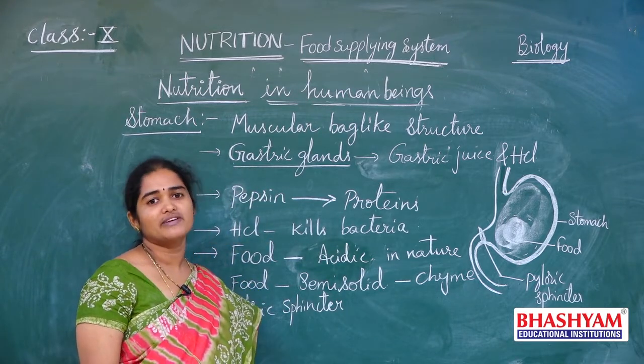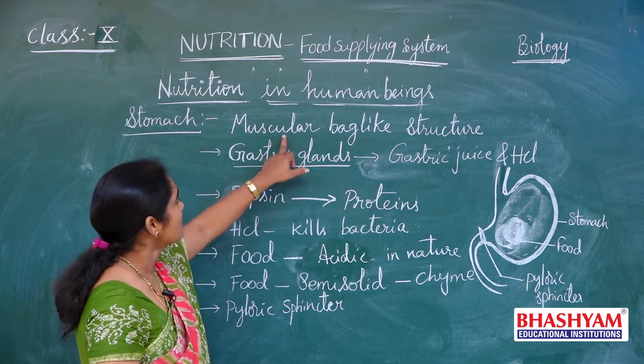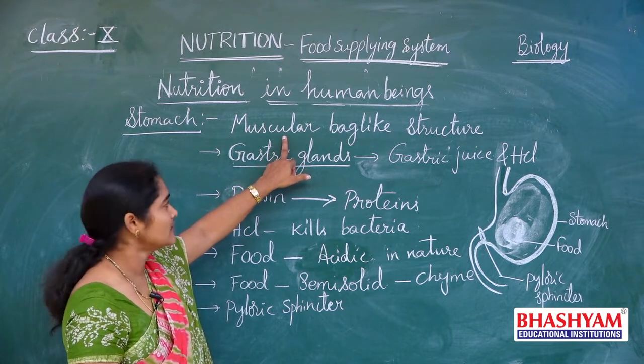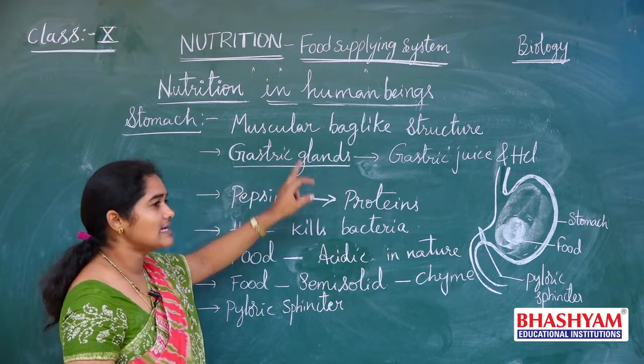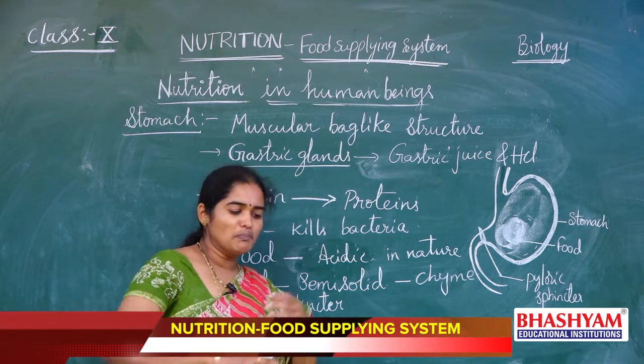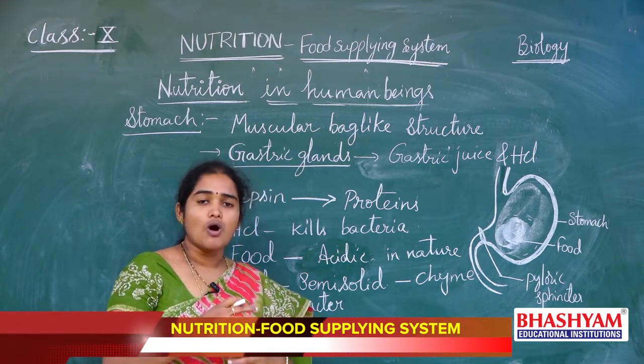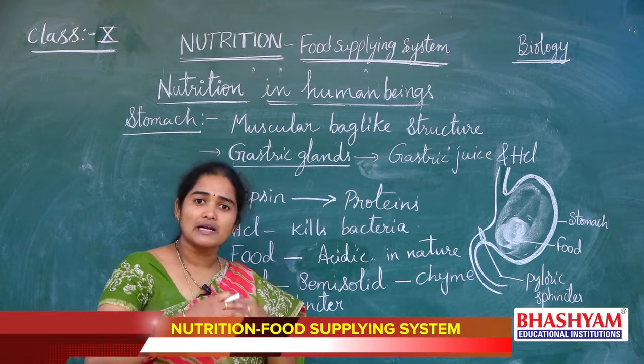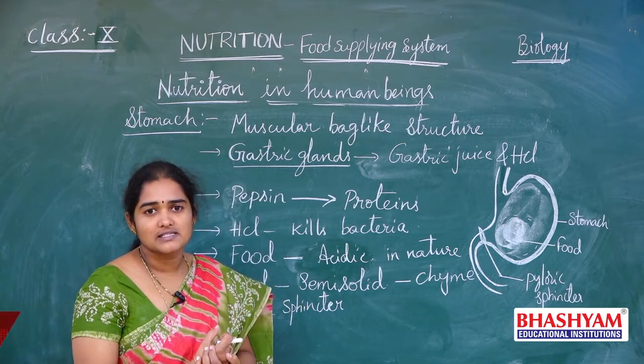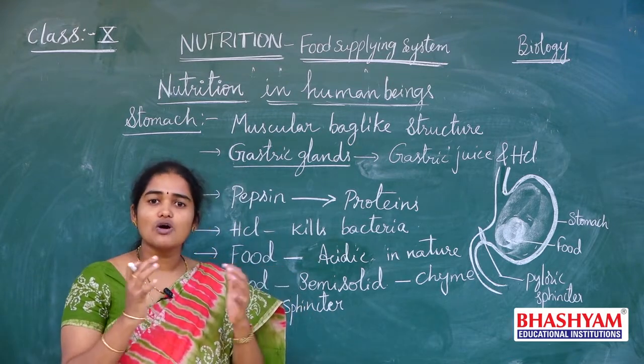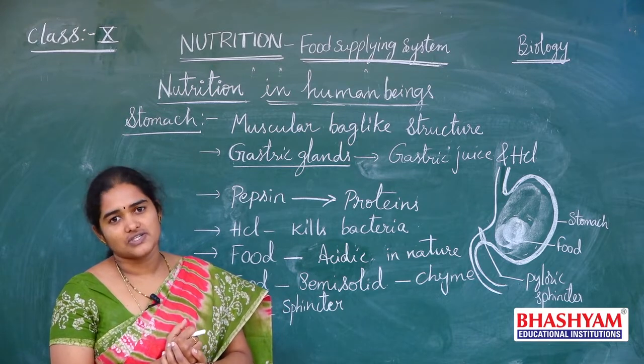It is also made with muscle. That's why we call it a muscular bag-like structure. And this muscular bag-like structure helps to mix the food material, or churn or grind the food materials with the help of muscle contractions and relaxations.